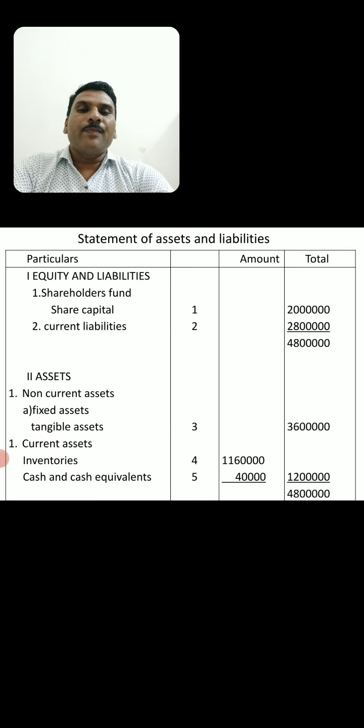And inventories were also reduced by 4 lakh, and the cash balance is 40,000. So in total the liabilities are 48 lakh and the assets are 48 lakh.